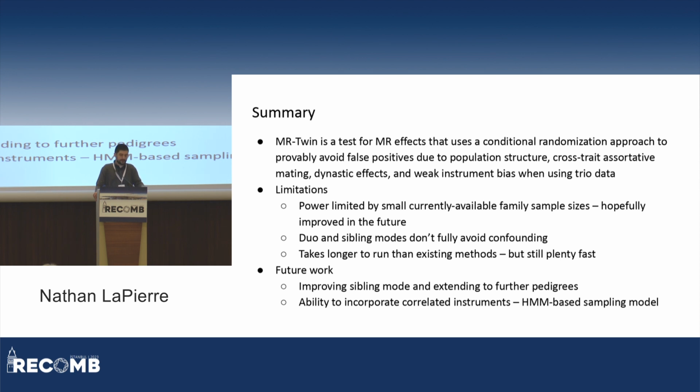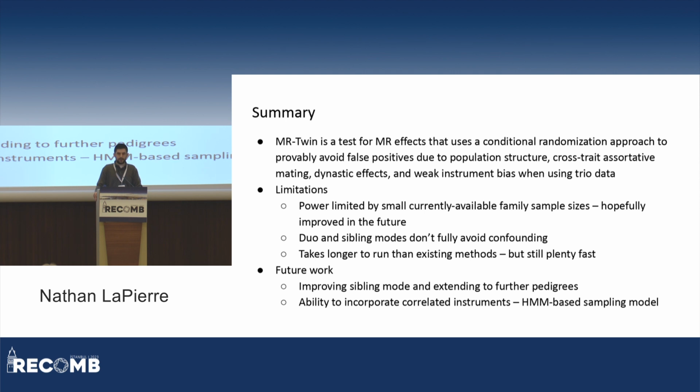I didn't have time to talk about these, but there's also duo and sibling modes. They don't fully avoid confounding, however, because we don't have the actual parental genotypes. We have to infer or estimate them. Also, MR twin takes longer to run than existing methods, but it's still plenty fast.